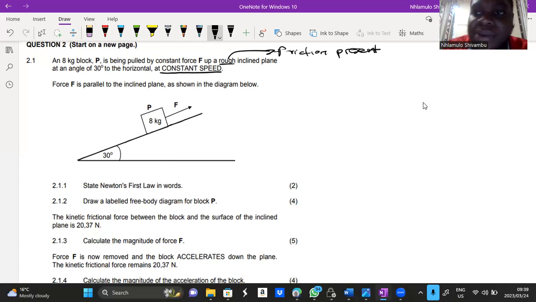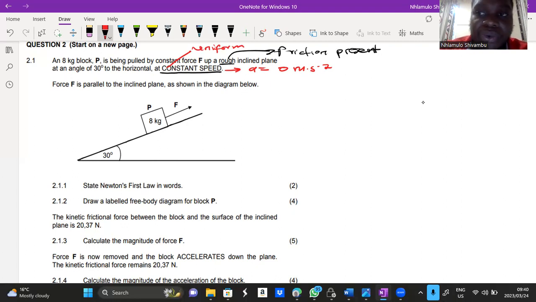A learner must know that when the examiner says a body or a system is moving at constant speed, they simply mean that the acceleration of the system is 0 meters per second squared. The examiner can use words like constant speed, or they say it's uniform speed or uniform velocity or constant velocity. That's what it basically means.